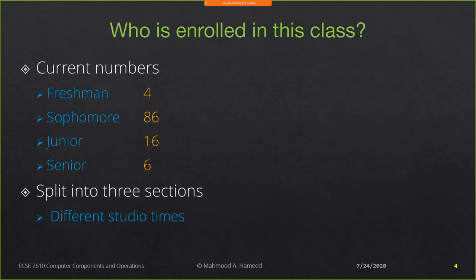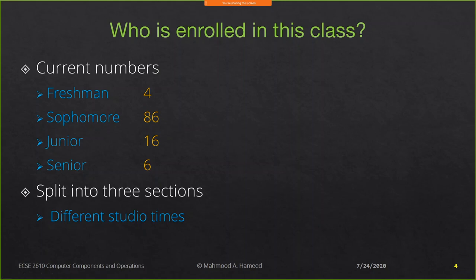Who is enrolled in this class? CoCO, for those of you who do not know, is primarily a sophomore level class. And there's no surprise when you look at these numbers. These are current enrollment numbers for this class. 4 freshmen, hats off to you. There are over 80 sophomores.